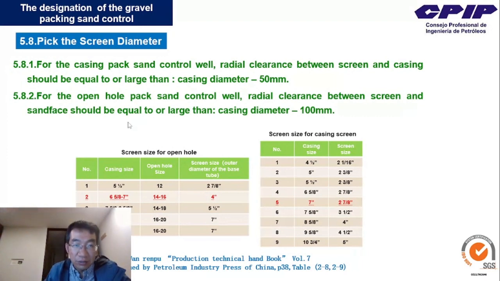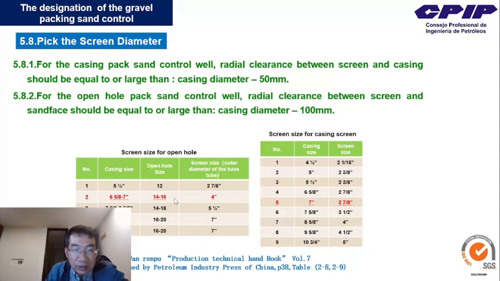We can see the screen size for open hole. The casing size is 5.5 inch, and the open hole size is 12. The screen size is 278 inch, and the casing size is 7 inch.